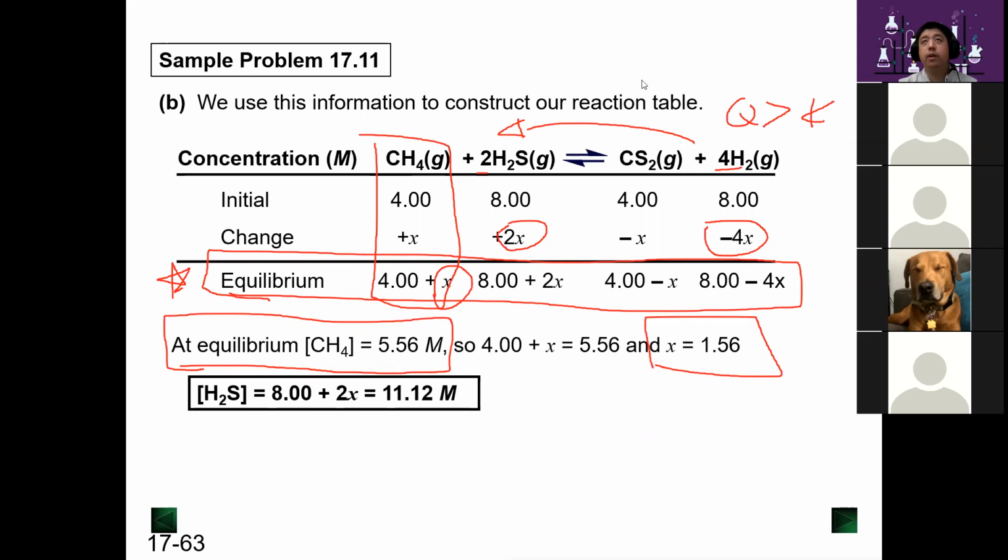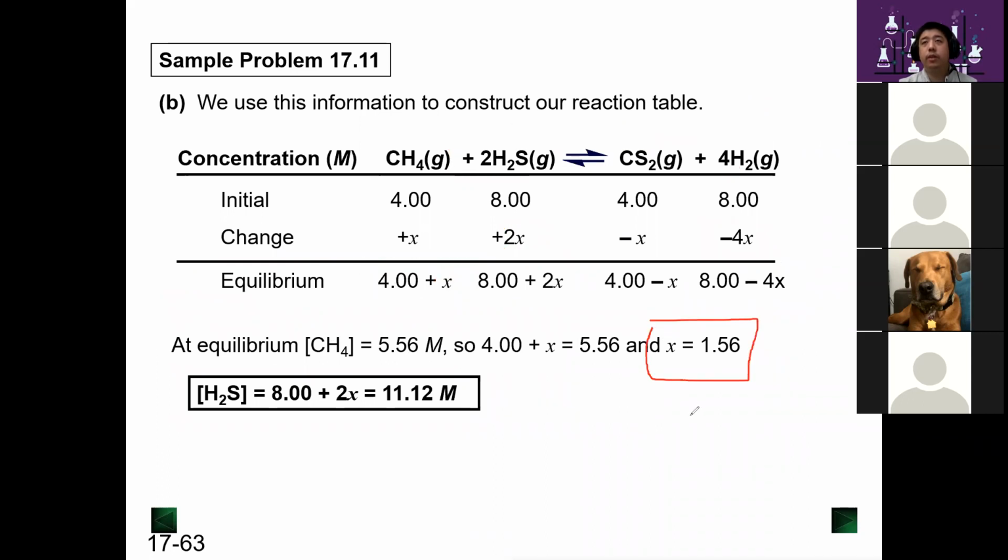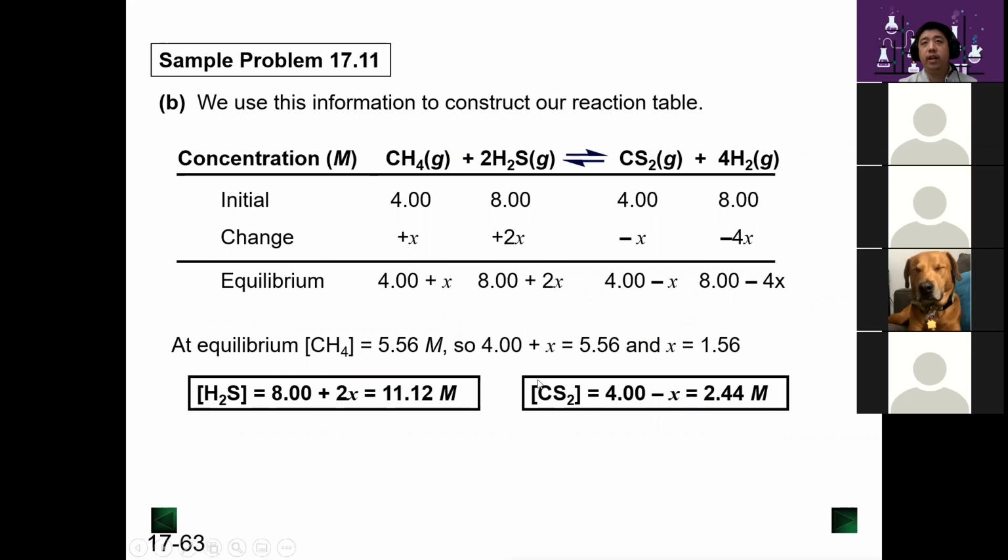And if you notice, once we have solved for our x, we are not done yet. This is not any particular concentration. I want the concentration of each of these 4 things. So in order to do that, I simply need to plug in x into each one of these equations and solve for that missing piece. Any questions?